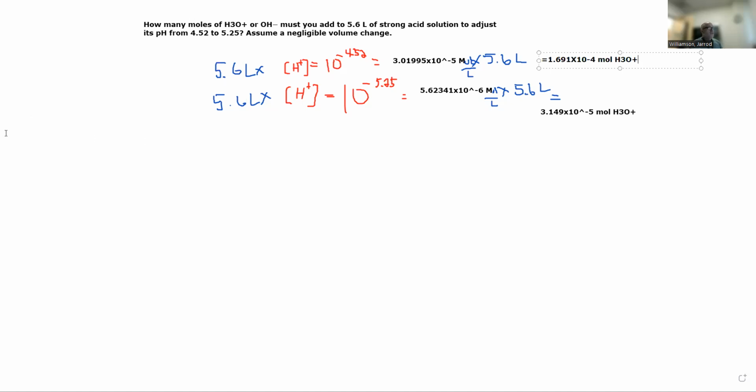Now, if I take the difference between those, delta moles of H3O plus, okay, that was sloppily written, H3O plus.